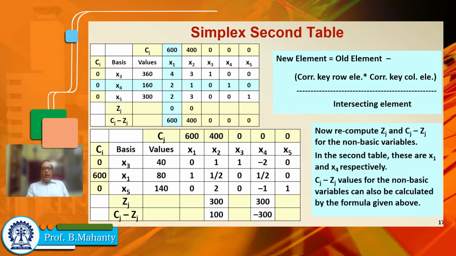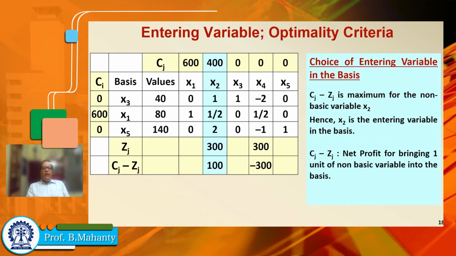Right. So thereafter, again, for the second table, we computed Zj and Cj minus Zj values. So there we see that because the more profitable direction is x2, x2 is going to be our entering variable. We have already seen the bottleneck resource here is x3. So x3 will be the leaving variable.